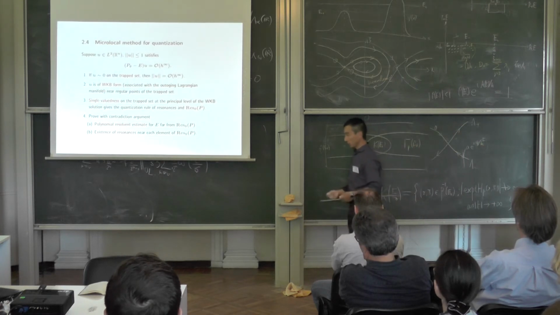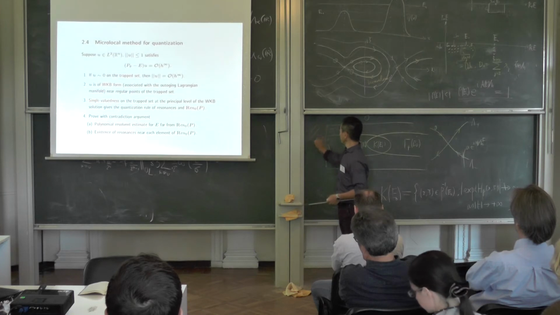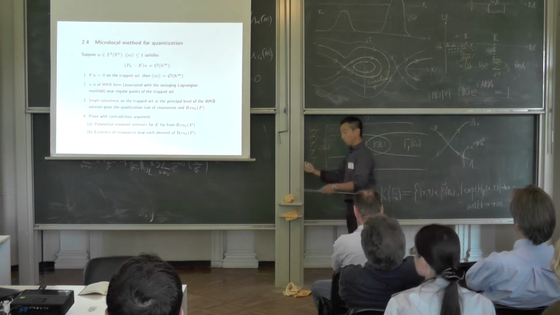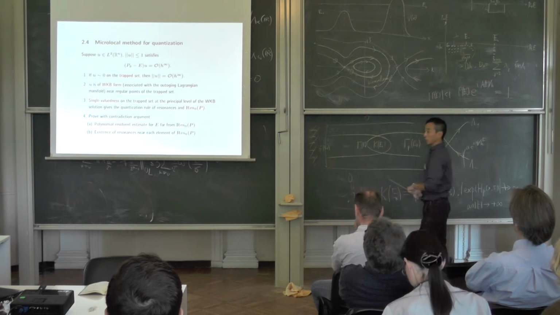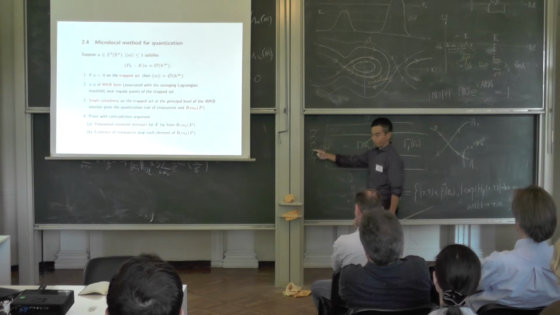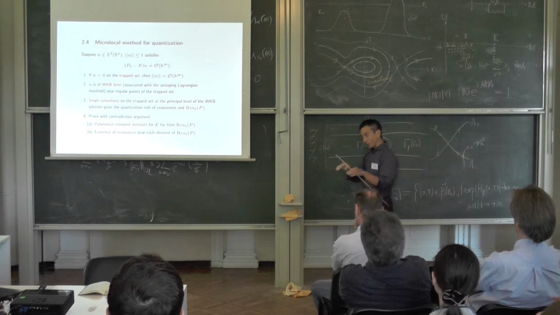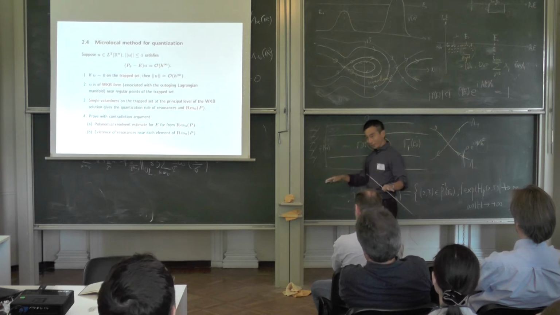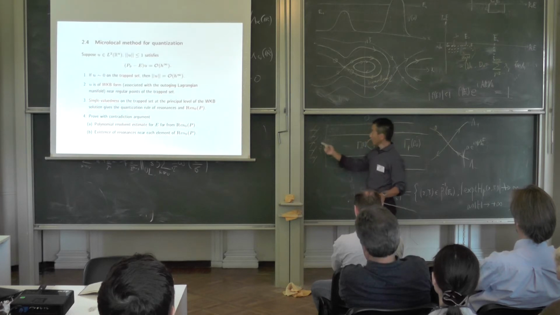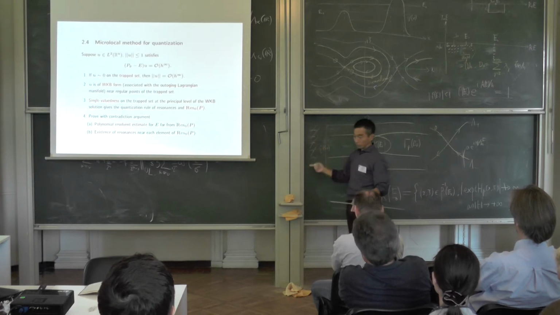The fact is that in the incoming region, where the flow is incoming, the resonance state is microlocally 0. I would like to recall that the resonance state is outgoing, but it is true also in the microlocal sense. So in the incoming region, it is 0.